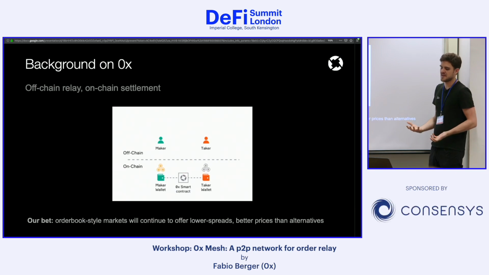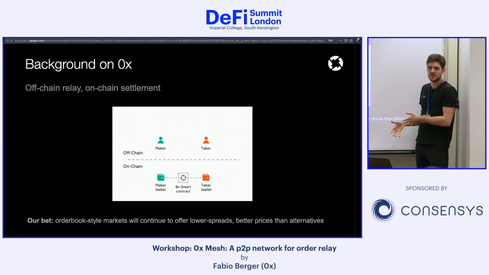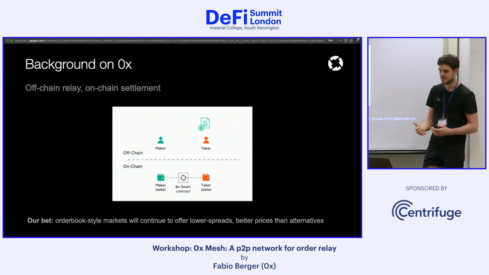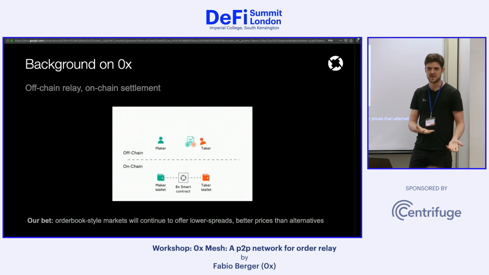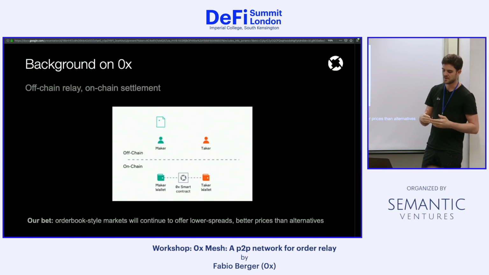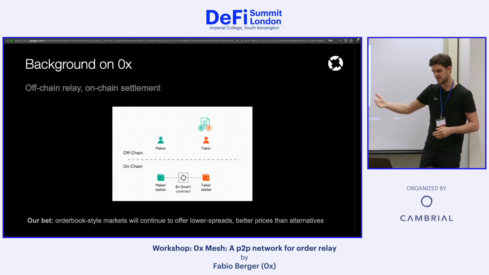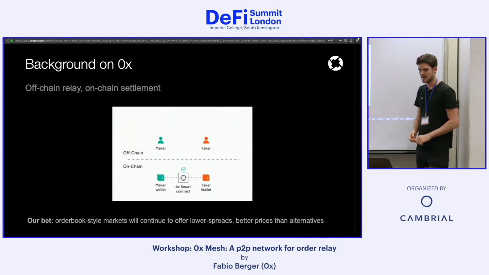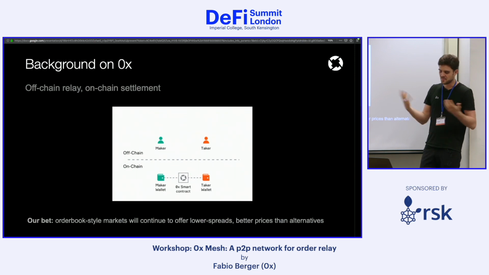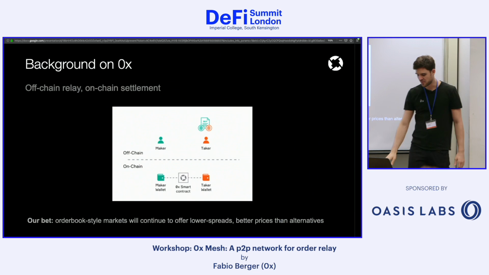And our bet at 0x is that this order book style market will offer lower spreads and better prices than automated market makers, especially for large buys, because there isn't this built-in price increase the more you buy, or slippage. You can build a lot of things on 0x, but we're pretty bullish on this order book style market.